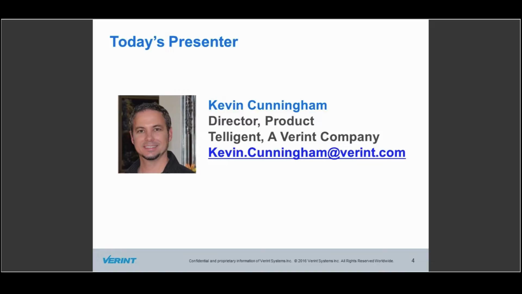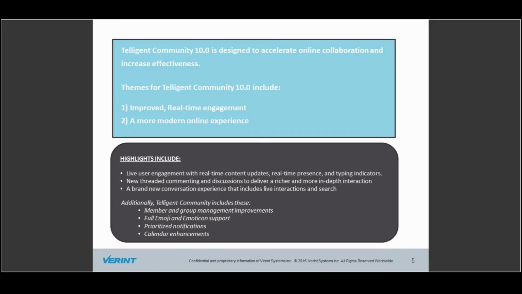Today's presenter is Kevin Cunningham, Director of Product for Telligent, and he's going to go into the Telligent Community 10.0 release. Telligent Community is designed to accelerate online collaboration and increase effectiveness. The themes for Telligent Community 10.0 include improved real-time engagement and a more modern online experience. Highlights include live user engagement with real-time content updates, real-time presence, and typing indicators.